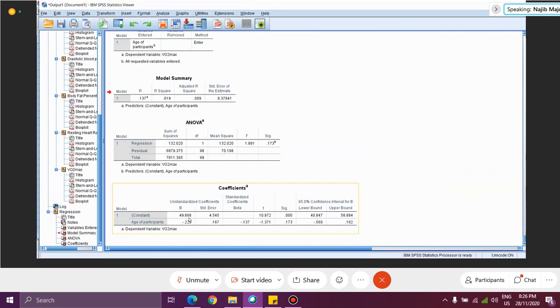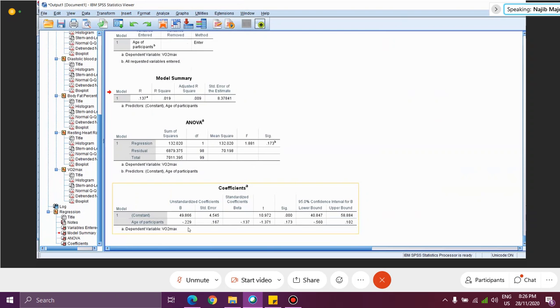Here the unstandardized coefficient beta value is negative 0.229 and the p-value is 0.173. So at univariable analysis, we can see that as age increases, VO2 max reduces.